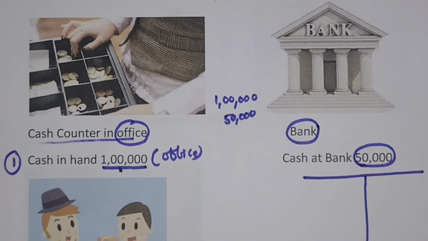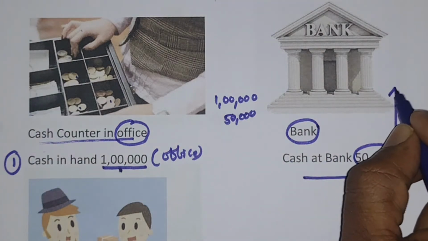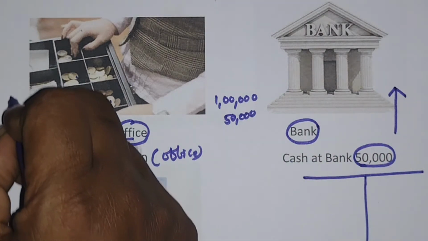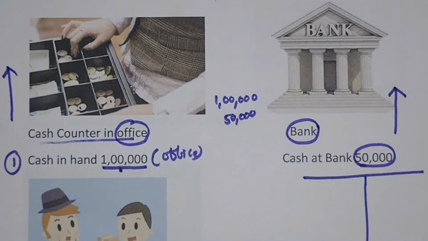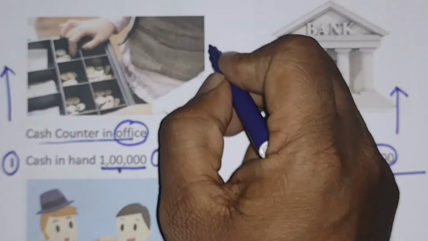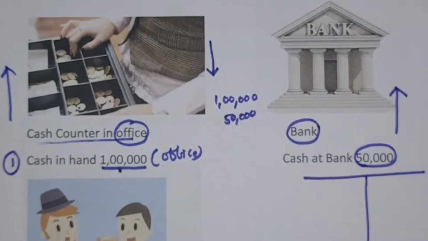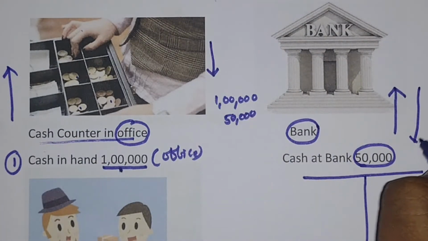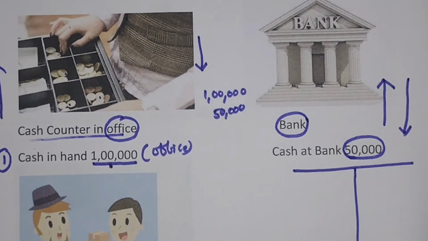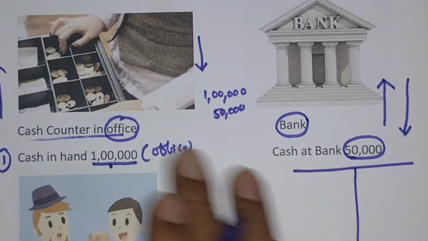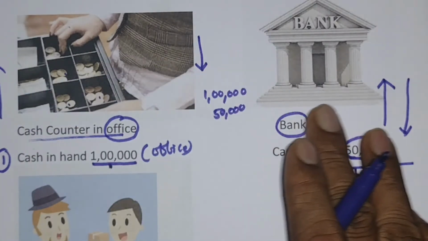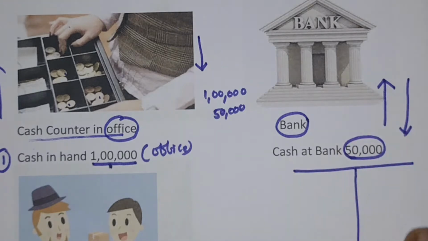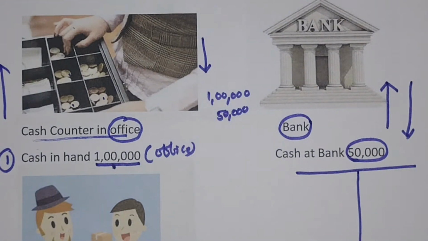Now, one way or another, the money may increase in the bank or increase in the office, or else the money may decrease in the office or decrease in the bank. This increasing and decreasing of money, either in the office or in the bank, is called the cash account. Then what is a contra entry?